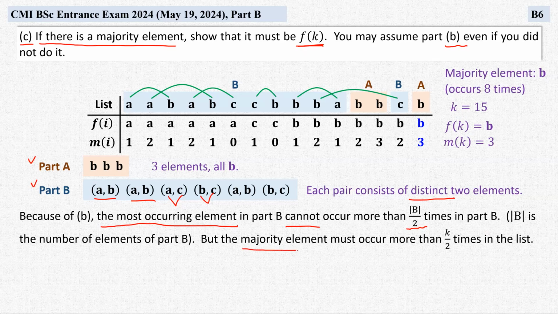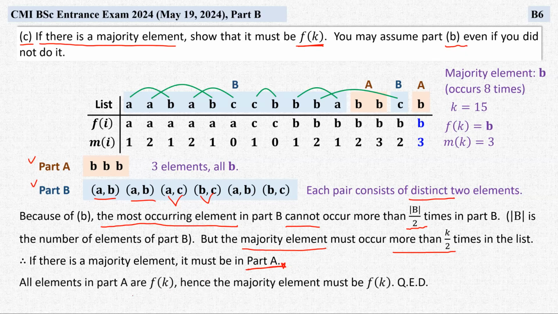But the majority element, as defined in the problem, must occur more than k over 2 times in the list. This means that if there is a majority element, then it must be in part A. But all elements in part A are f of k, hence the majority element must be f of k. And this concludes the proof.